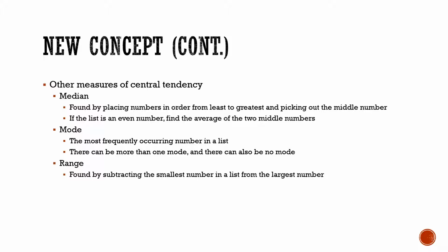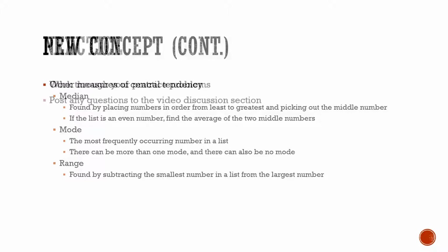You could use your range to figure out how far apart the highest and lowest scores were. Mode would be a good one too. If most kids got a 65 on the test, that wouldn't be a very good score. So you can use these numbers for different things.